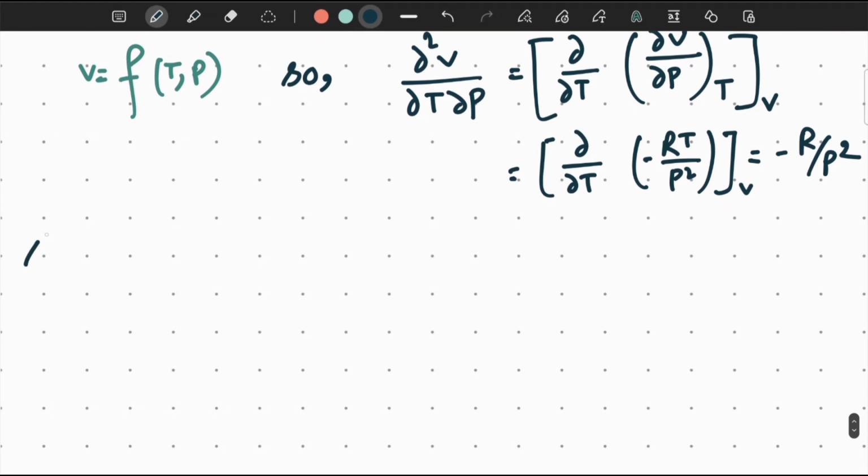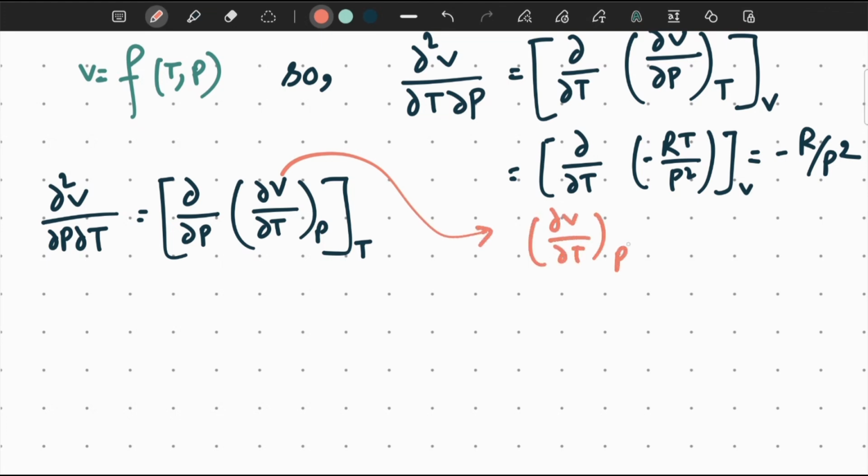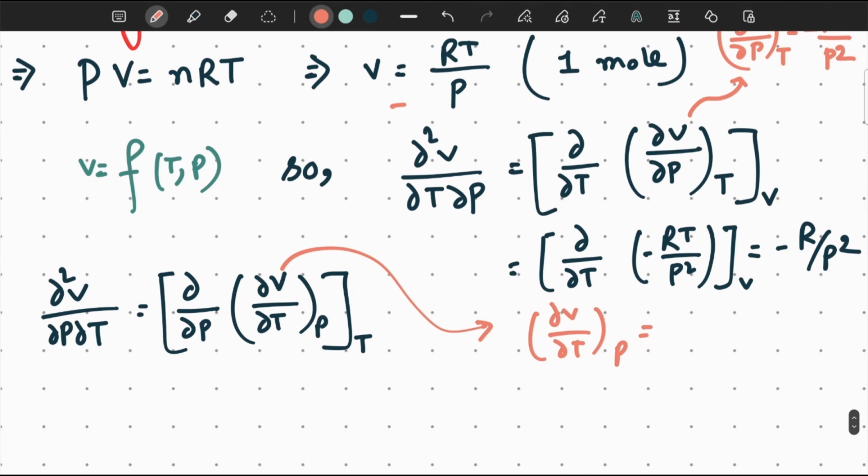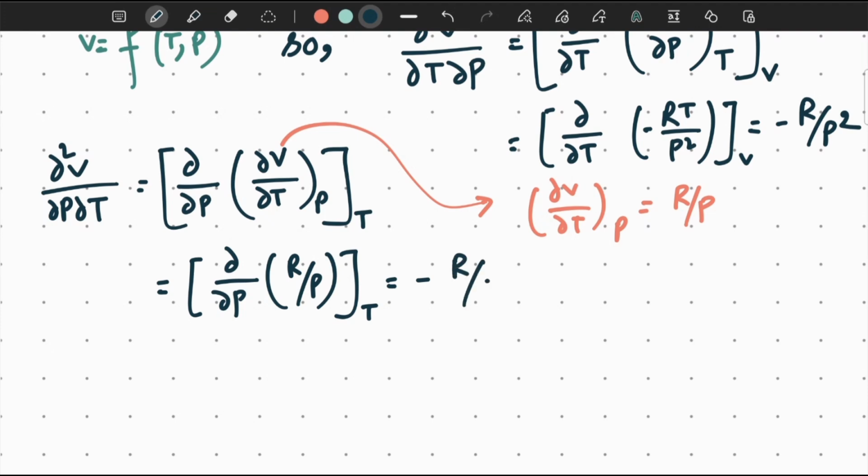Now the other part we have to calculate, which is d2V del P del T. So this part, del V del T at constant P from the ideal gas equation, can be written as R by P. So just put it, again it is minus R by P square.